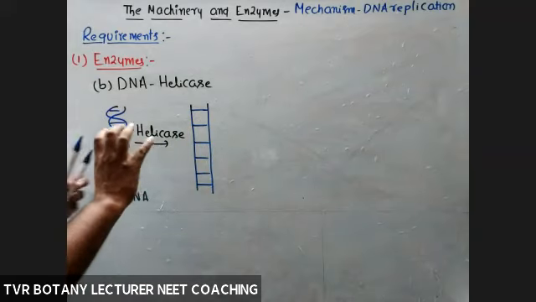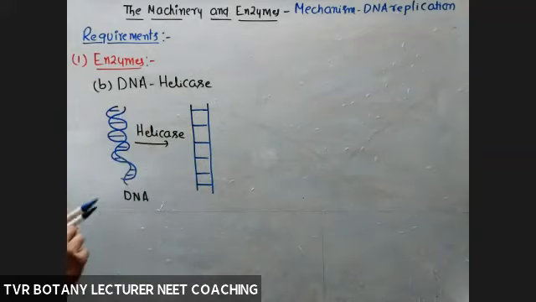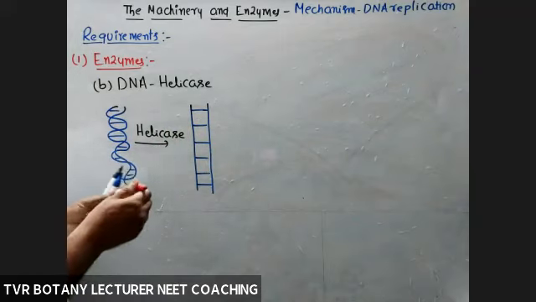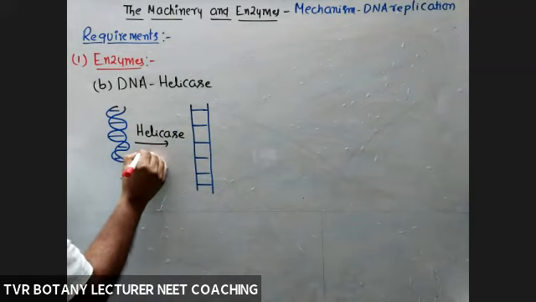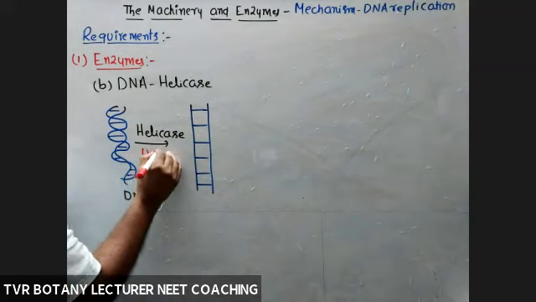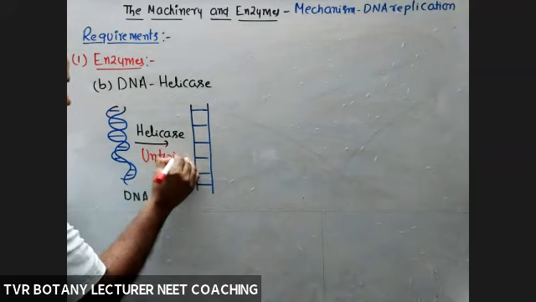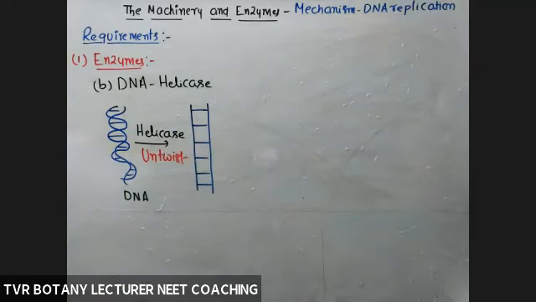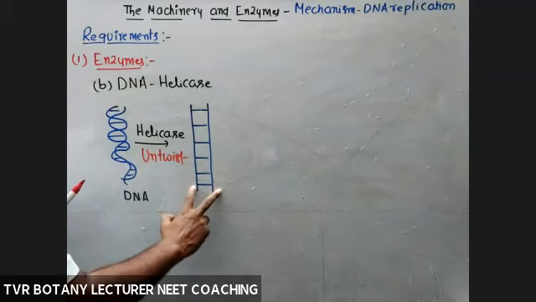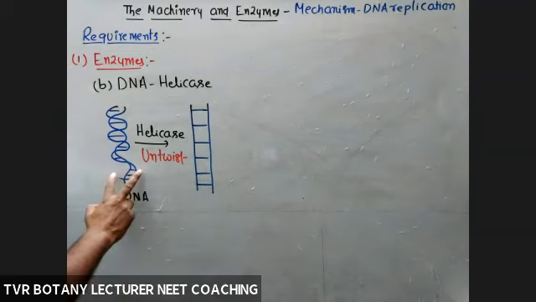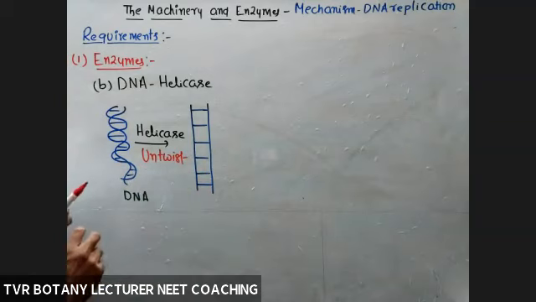Helicase is able to remove helix coils. So here, what is the role of this enzyme? Now, untwist. So the twisted ladder is converted into a straight one. Spring into string.